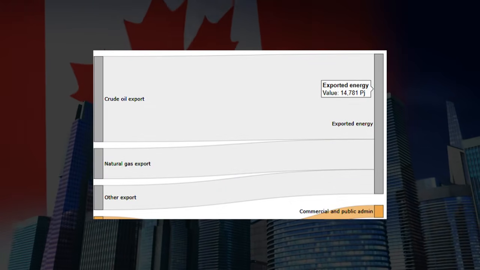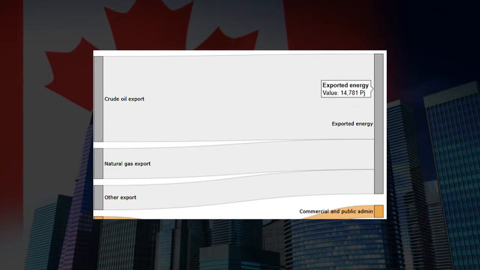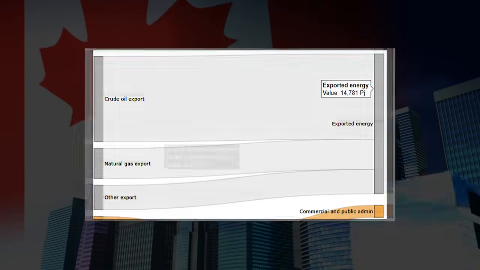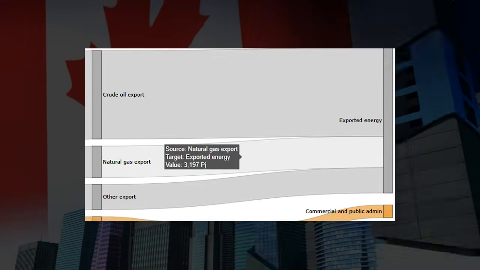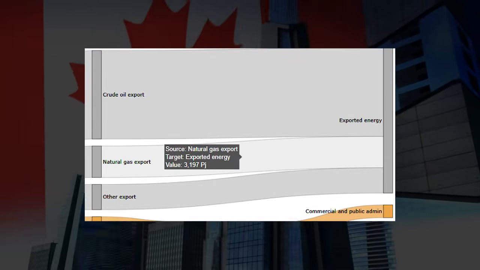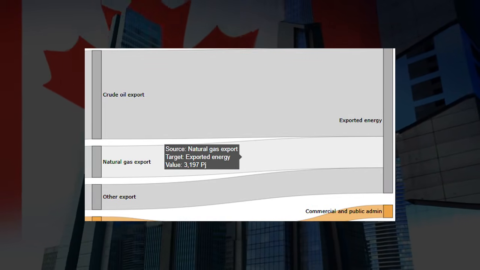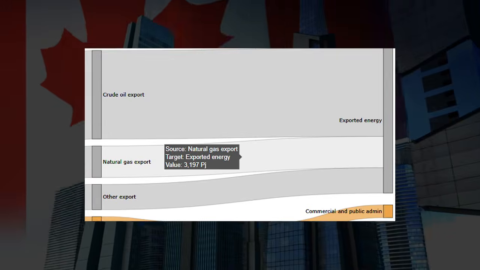This has been the case for several years. It's also perhaps striking that 42% of natural gas production is exported. These points indicate the importance that oil and natural gas exports have as earners of foreign exchange.